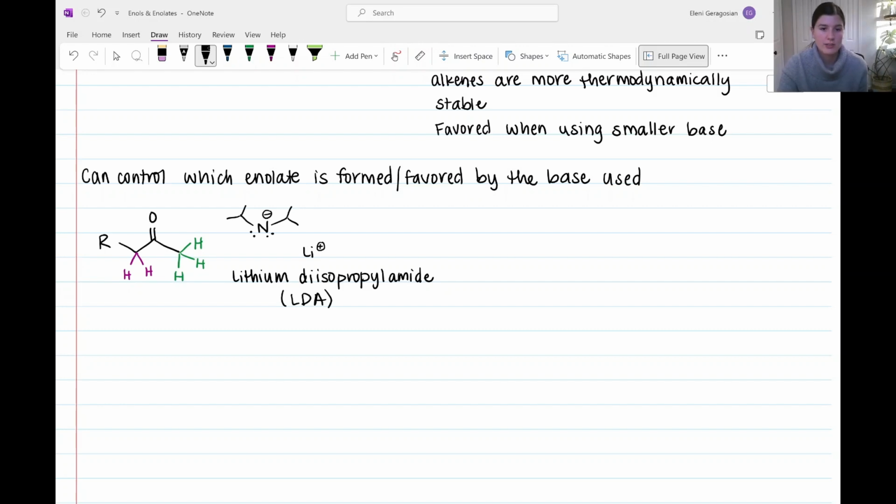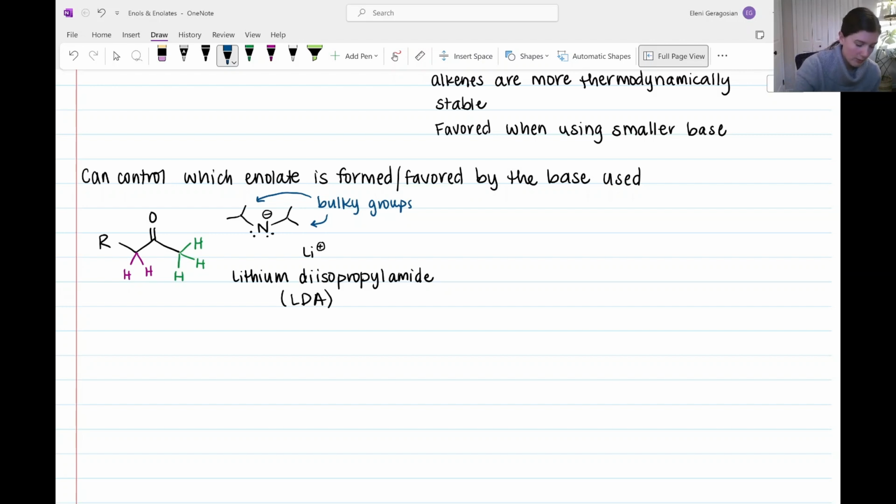So that nitrogen has 2 sets of lone pairs. So these now are bulky groups. The 2 isopropyl groups take up a lot of space around the nitrogen, so we call this a bulkier base.